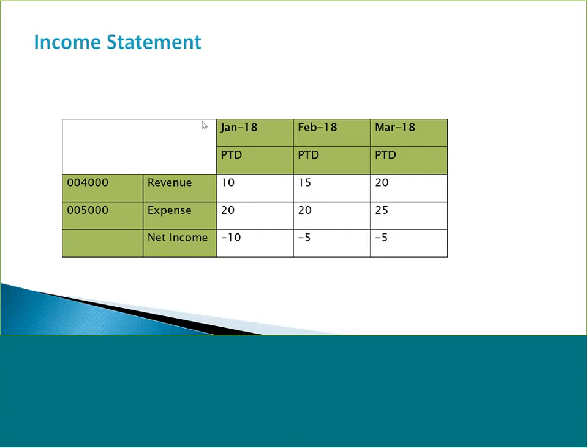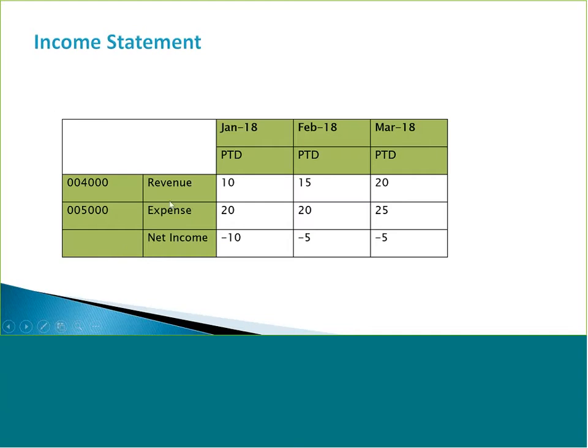Our row set will determine the accounts that we are going to show, and we are going to have one row definition for revenue accounts, another row definition with the expense accounts, and then a row definition with the net income.